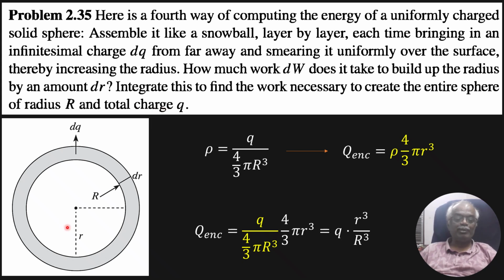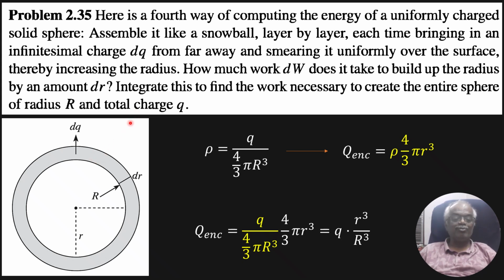Now I will explain the problem. We have a sphere of radius capital R. What we are going to do is bring a small spherical shell of thickness dr. Remember that this is a spherical shell with a small charge dq.